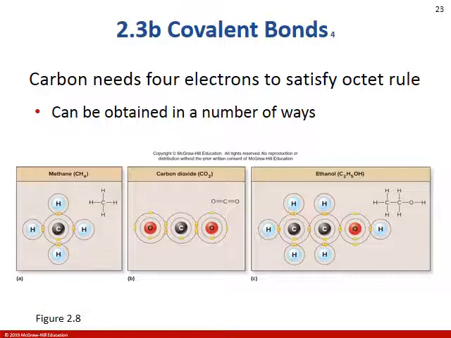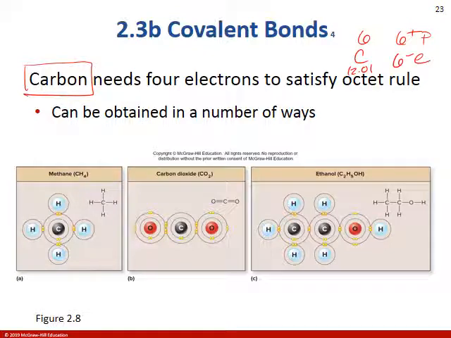All right, let's look at covalent bonds specifically of carbon. So if you remember, carbon looks like this on the periodic table, right? It has 6 protons, it has 6 electrons, and it has 6 neutrons. So those 6 electrons, you're going to have 2 in the first shell. 6 minus 2 is 4.